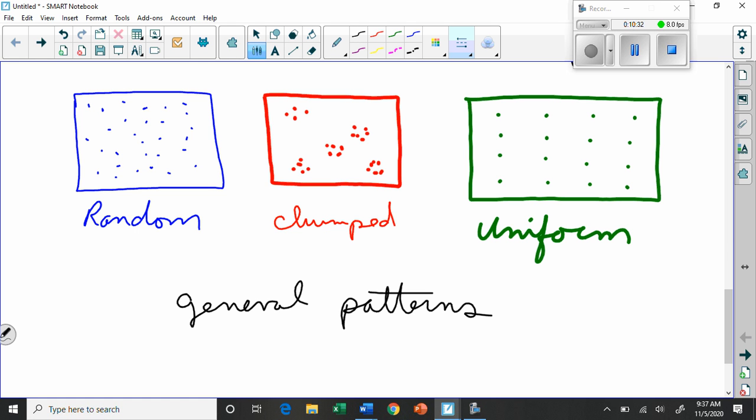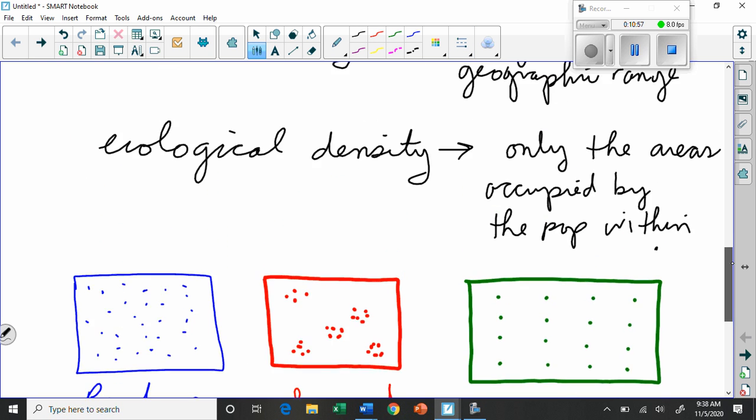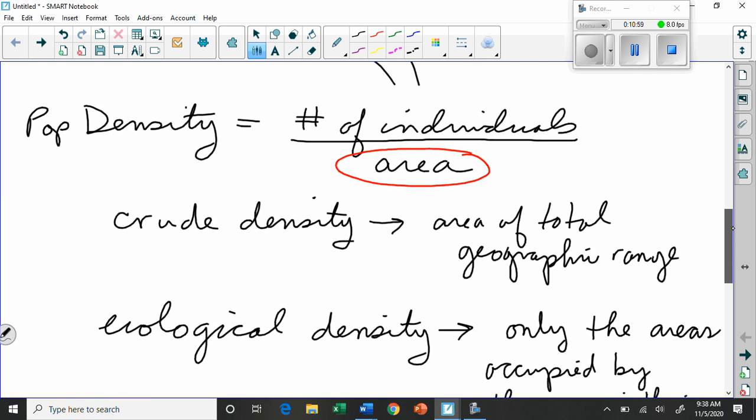What if you're clumped, but the clumps are in uniform distributions? There are all kinds of possible derivations of that. But basically, we look at how they're dispersed in those three ways. Okay, so that's basically how we describe the population's dispersion and what population density actually means, right?